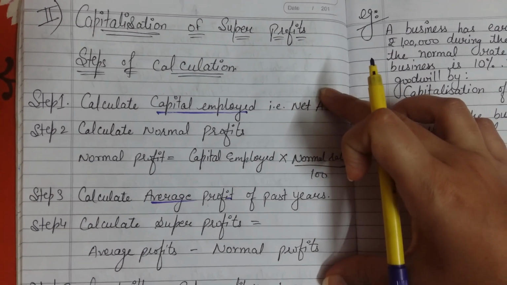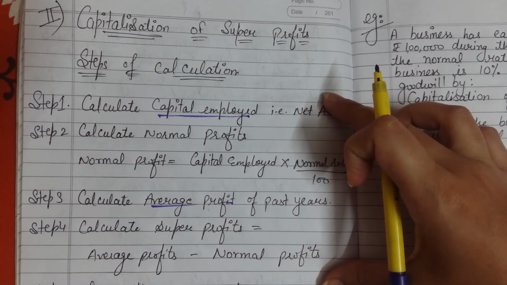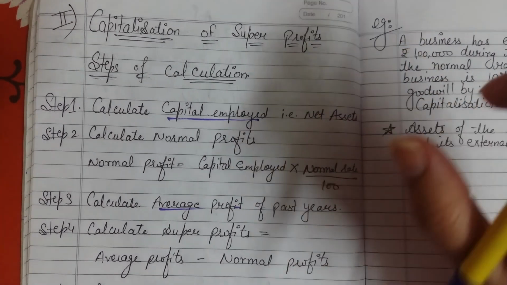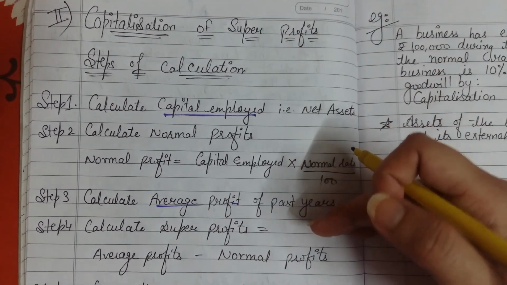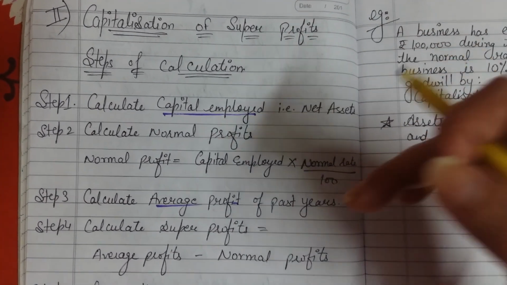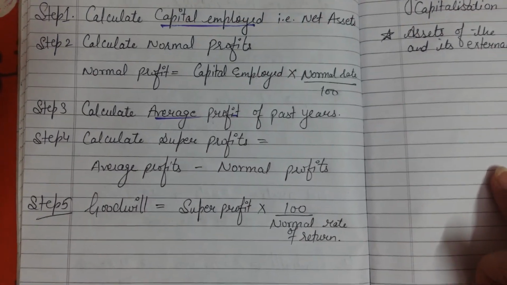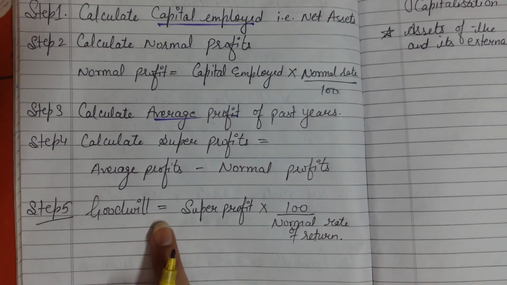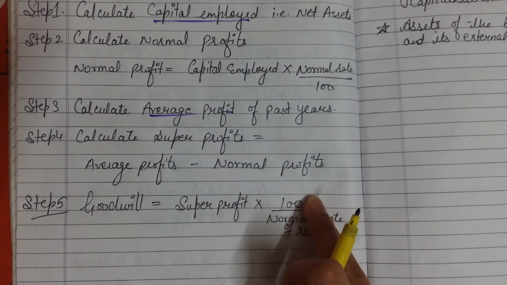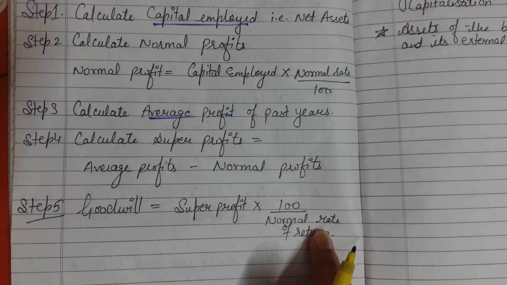Up to this point, you had already done this in the calculation of the simple super profits. The same procedure is followed there also, but the only change is to calculate the value of the goodwill. See, in step 5, the goodwill is equal to super profits into 100 over normal rate of return.